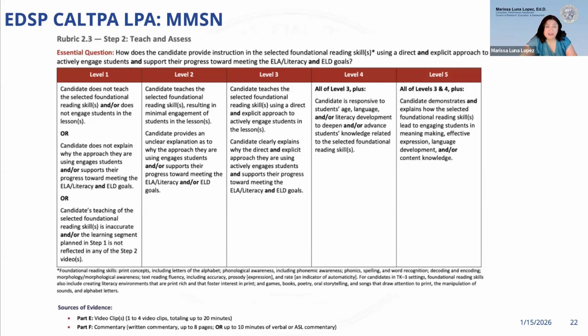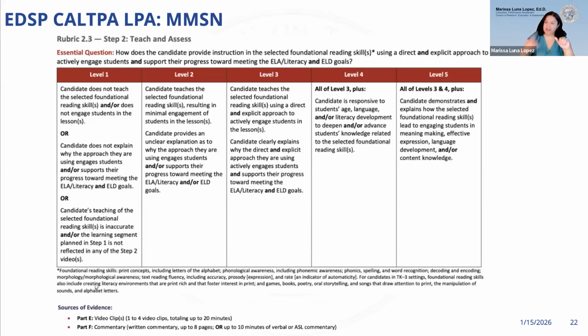But we're taking a look at how they provide instruction in the selected foundational reading skill and use direct and explicit approach to actively engage students and support their progress. Now, there was a comment in the chat about making sure that the candidates are reading the footnotes at the bottom of the rubrics. Thank you so very much. We try our best to put them right there. So that way a candidate doesn't say, a foundational reading skill, what does that mean?